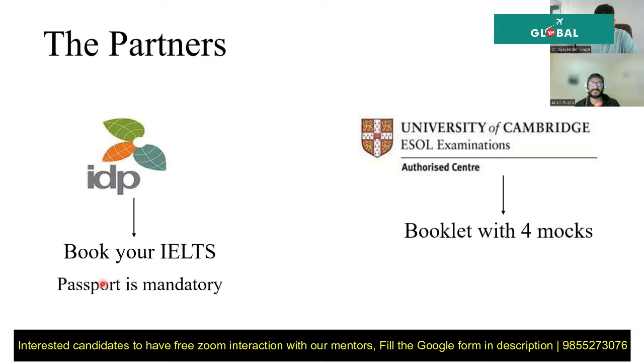General training tests are only for working professionals who want to migrate to countries like Canada for their permanent residency. So in a nutshell, those who are targeting university admission have to book their IELTS academic module.